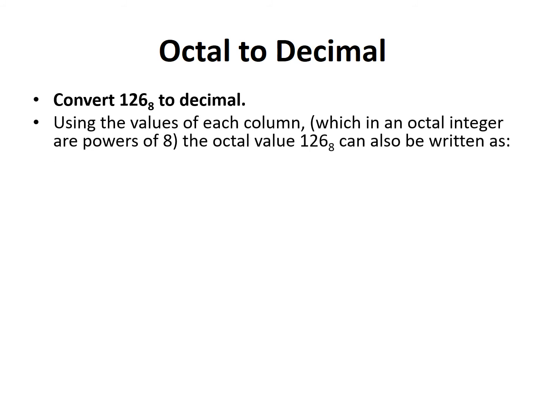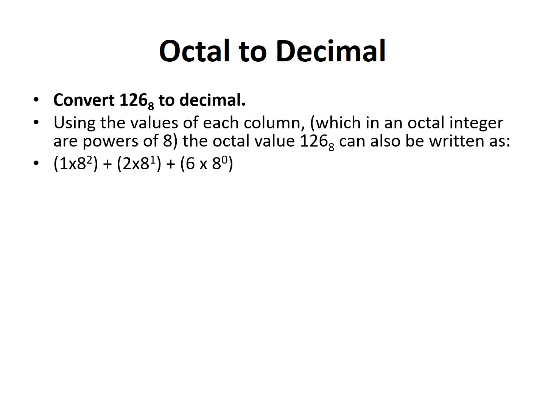So how will we convert this 126 base 8 to decimal? Each digit of 126 is a multiple of powers of 8. So first we take the last digit. What is the last digit? 6. So 6 into 8 power 0.